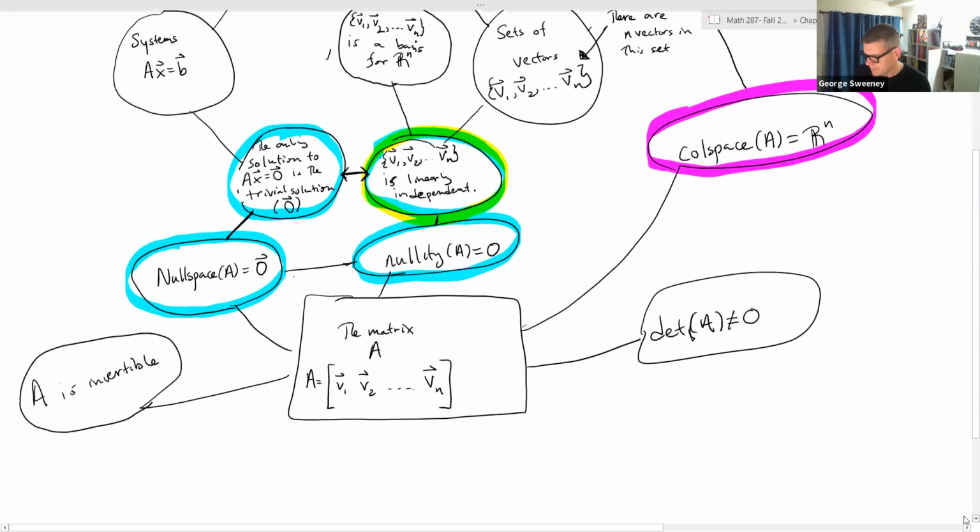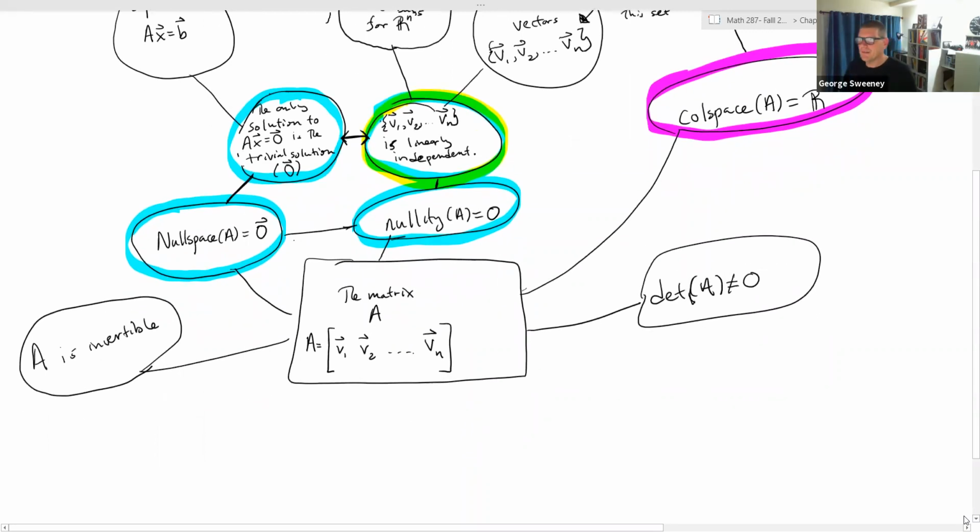Oh, we got a big one. Got a big one. It has to do with the matrix. We got two big ones.